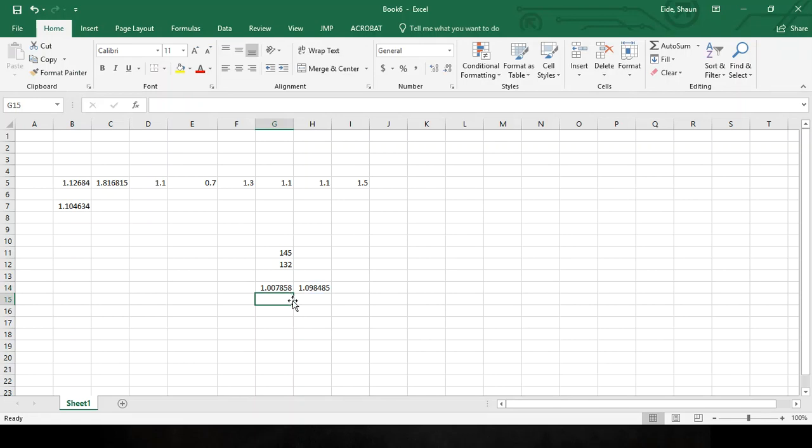Okay, and the rate of increase, then you subtract 1 from this, so equals minus 1, and that gives you a 0.78, or you can do, let's see here, percent, a 0.79% increase per month, which isn't a whole lot. So that's the rate of increase over a 12-month period. So you look at the start versus the end. And that's pretty much all that we've got for the mean, mode, and median.